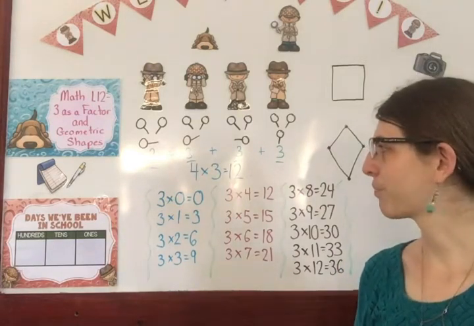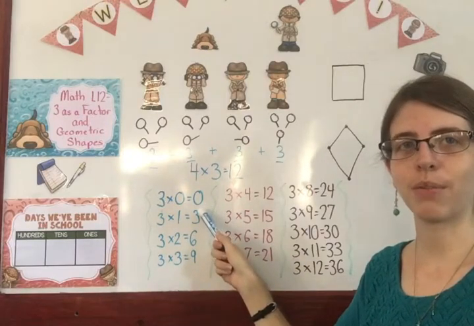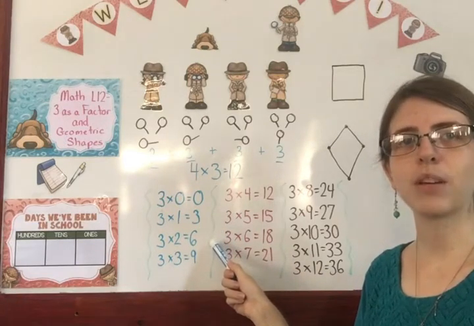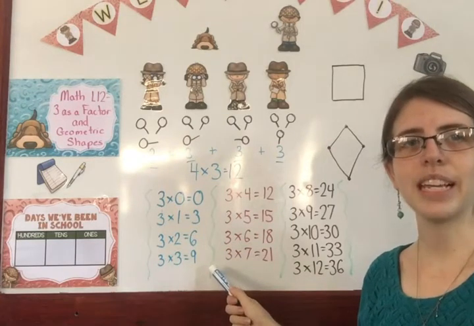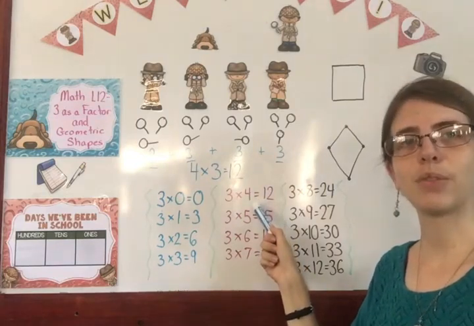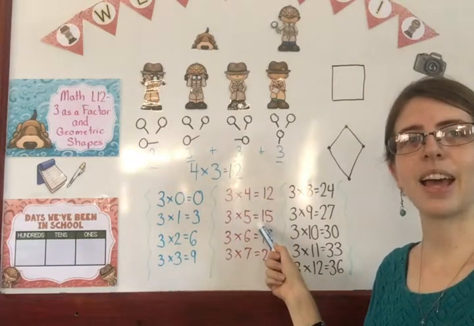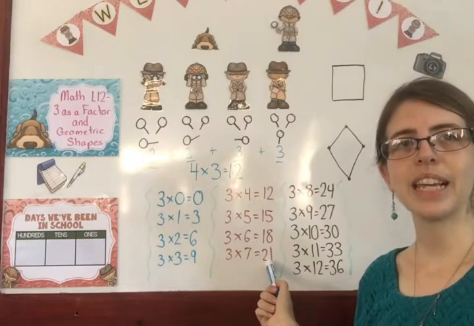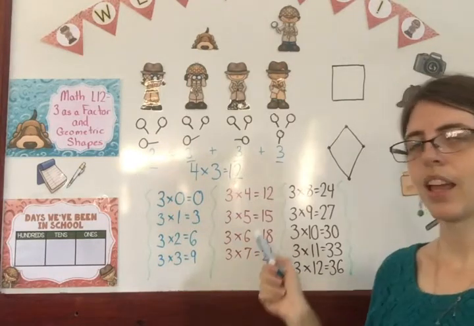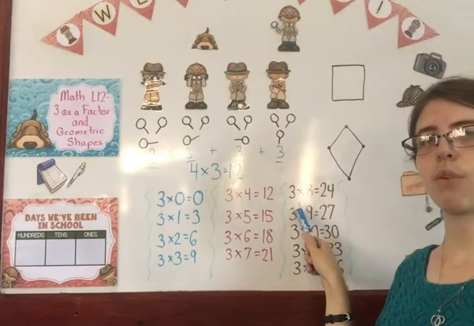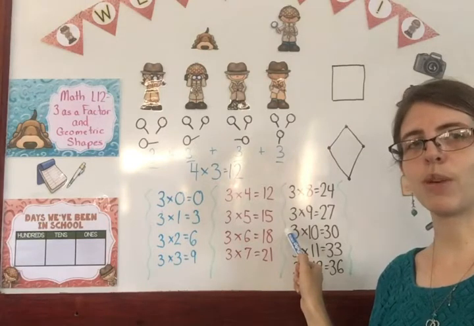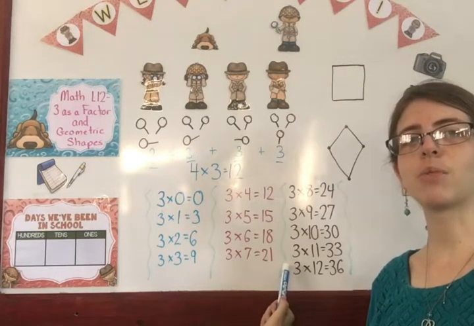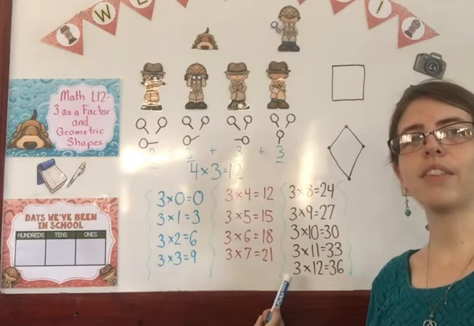Okay, ready? 3 times 0 equals 0. 3 times 1 equals 3. 3 times 2 equals 6. 3 times 3 equals 9. 3 times 4 equals 12. 3 times 5 equals 15. 3 times 6 equals 18. 3 times 7 equals 21. 3 times 8 equals 24. 3 times 9 equals 27. 3 times 10 equals 30. 3 times 11 equals 33. 3 times 12 equals 36.